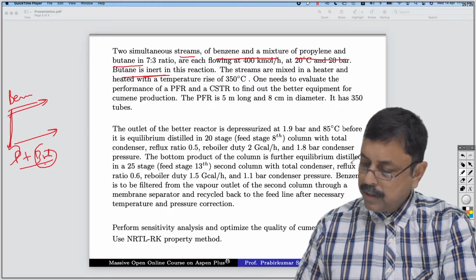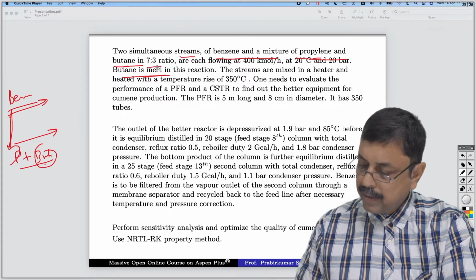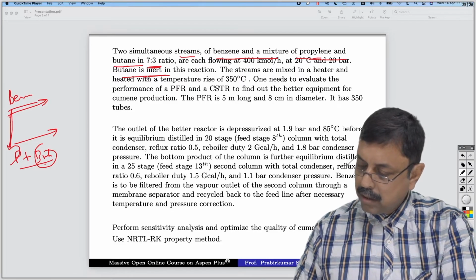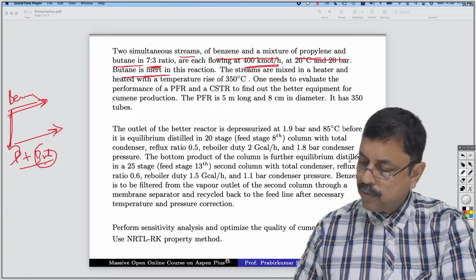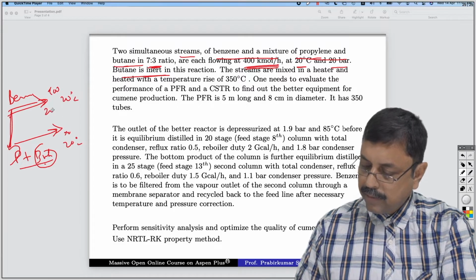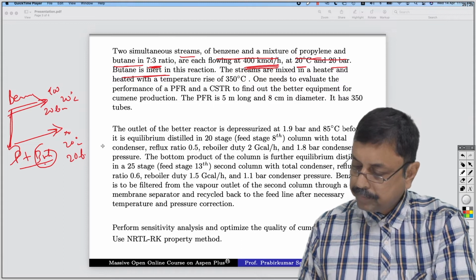The mixture contains propylene and butane in 7:3 ratio, and both the streams flow at 400 kilomole per hour, 20 degrees centigrade and 20 bar. So both of them, this is 400, this is 400. This is 20 degrees centigrade, this is also 20 degrees centigrade. This is 20 bar pressure, this is also 20 bar pressure.